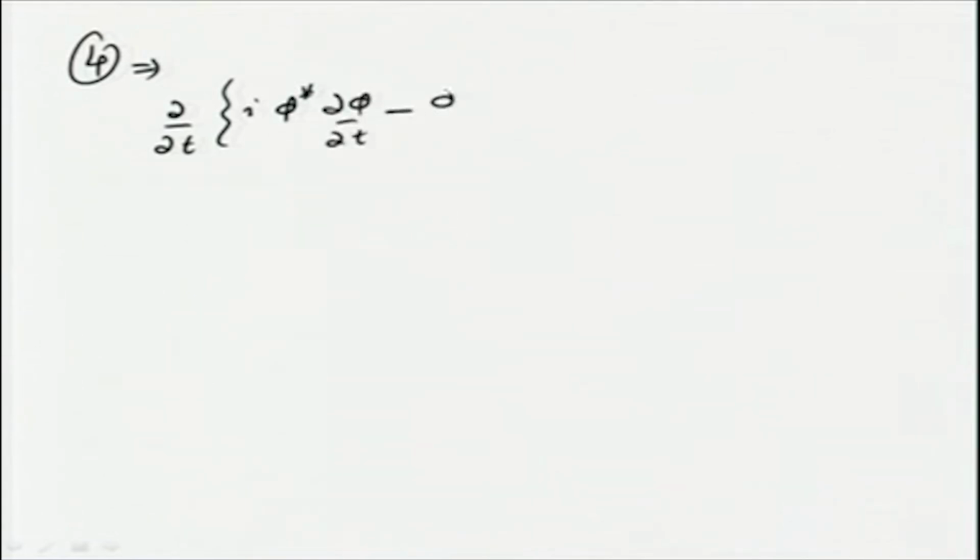Why are we doing it? Because when we write it so, equation 4 will give you the time derivative of phi star ∂phi/∂t minus phi ∂phi star/∂t.